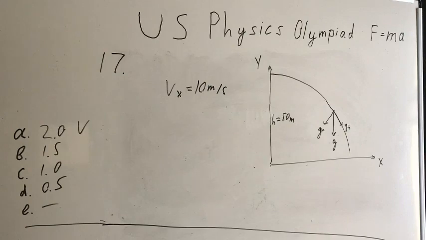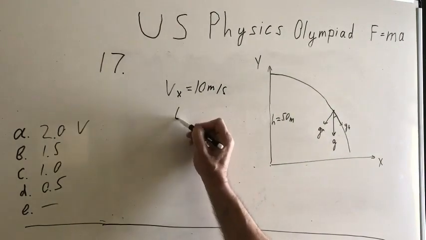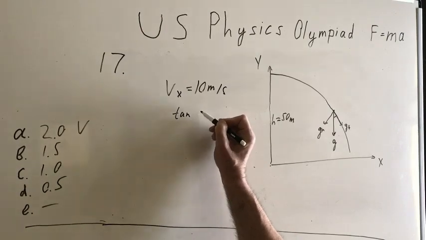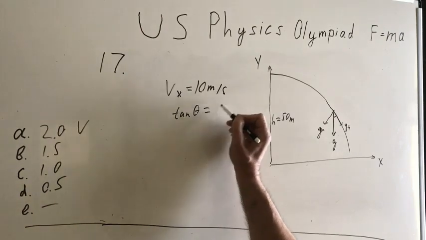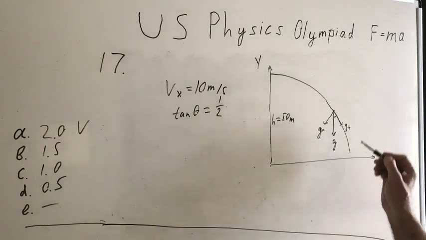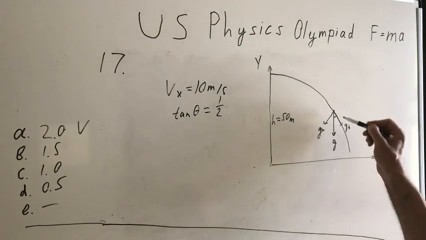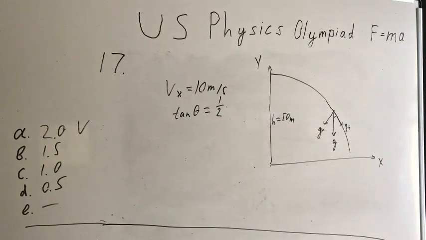What does it mean that the tangential component is twice the normal component? It means that the tangent of this angle, tangent theta, equals 1/2. So there is a relation gn over gt, it's 1/2.